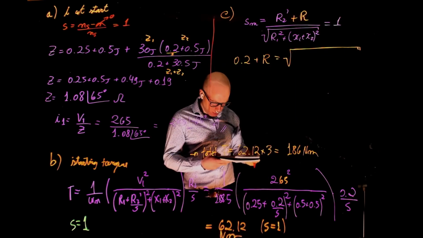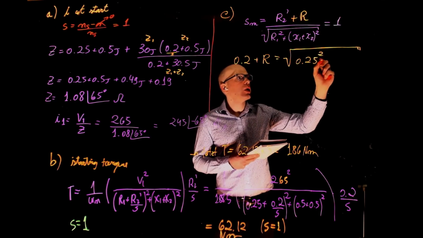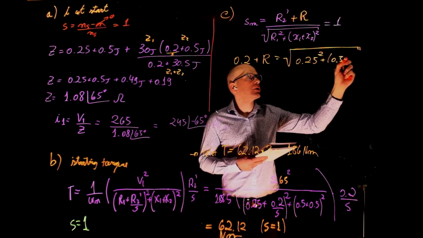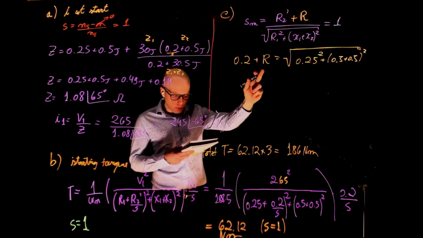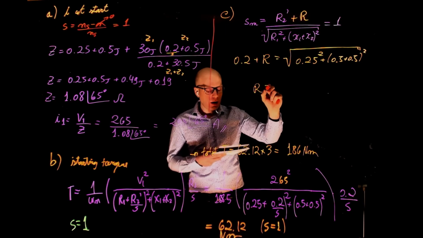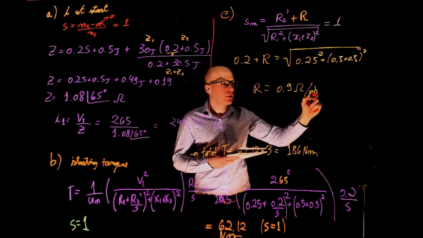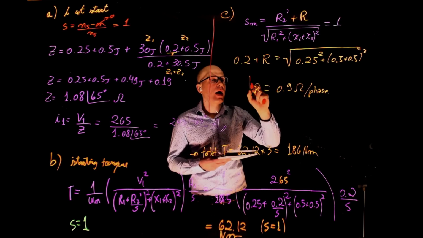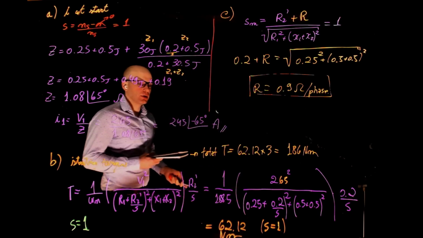How much was R1? 0.25 squared plus (0.5 plus 0.5) squared. So R equals 0.9 ohms per phase. And if we add this, then the maximum torque occurs at start.